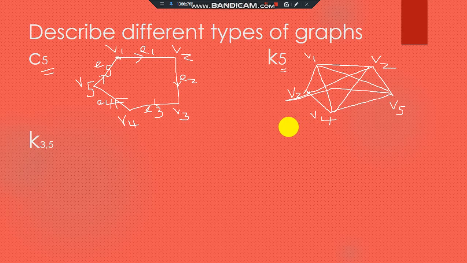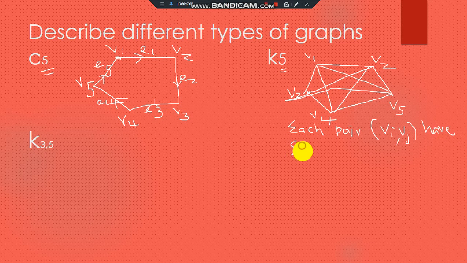Okay. So each pair of vertices, that pair I am writing as Vi and Vj, where Vi and Vj are any two vertices, have a single edge.